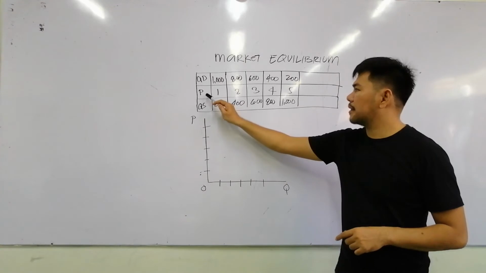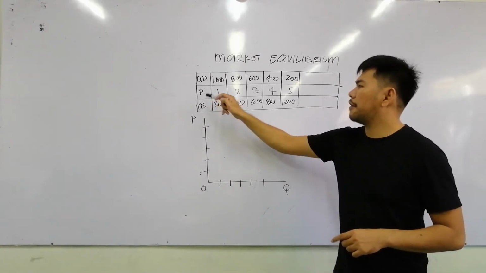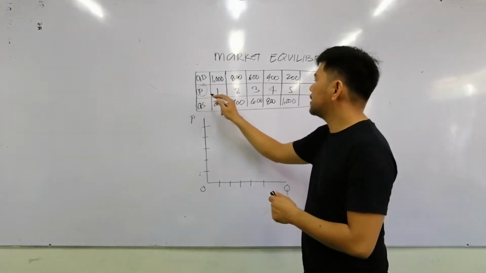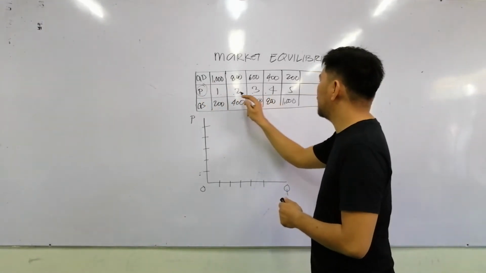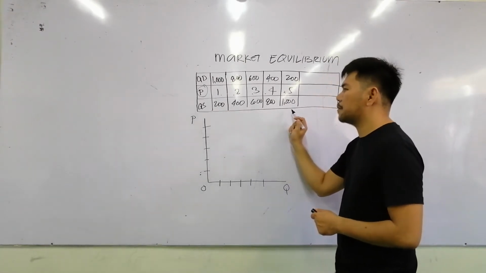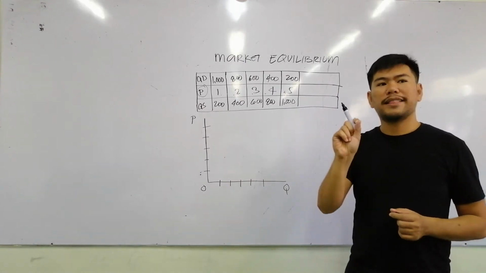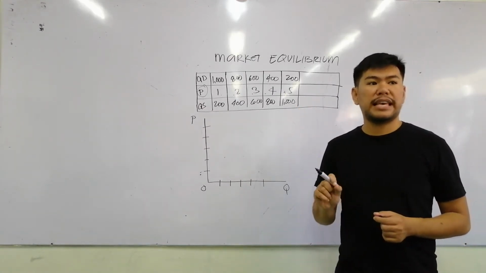If you look at row number 2 here, we have the price. As the price increases from 1 to 5, your quantity supplied also increases, because going back to the law of supply, quantity supplied increases as price increases.